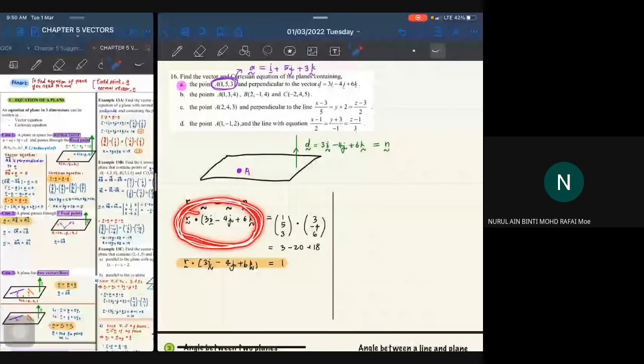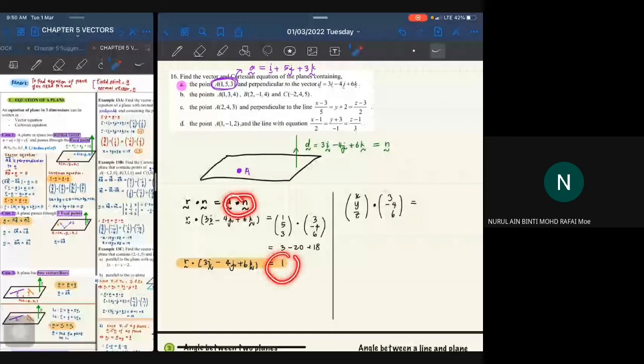So awak akan dapat in the form of x, y, z. Dotkan dia dengan 3, -4, 6. Okay, and then yang belah kanan equal to 1. Okay, so yang belah kiri kita solvekan, you get 3x minus 4y plus 6z, which is equal to 1. So that is your Cartesian equation. Settle.